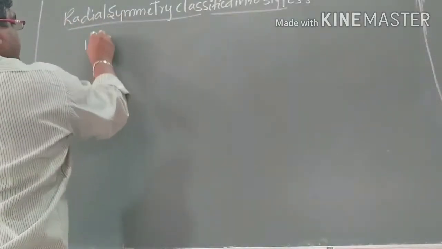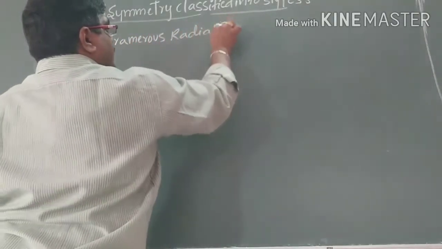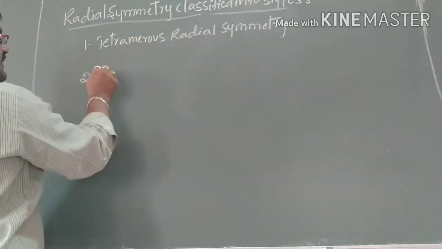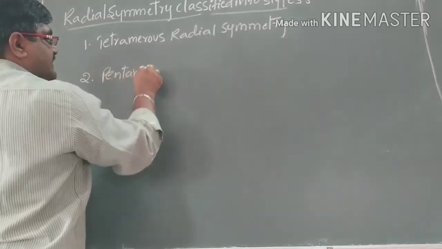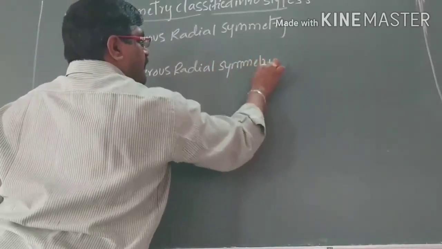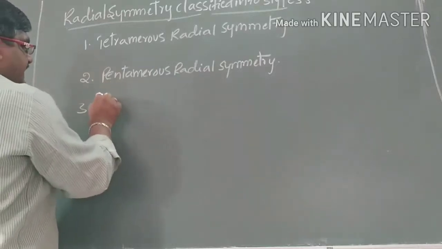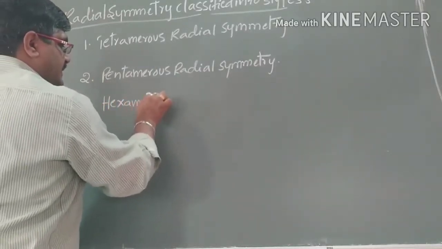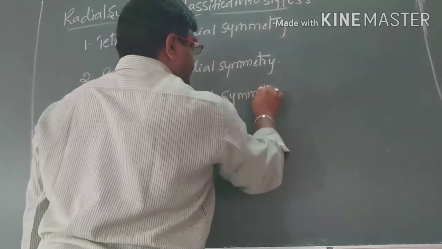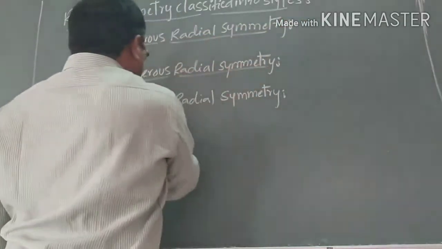The first one is the tetramerous radial symmetry, the second one is the pentamerous radial symmetry, and the third one is the hexagonal or hexamerous radial symmetry.